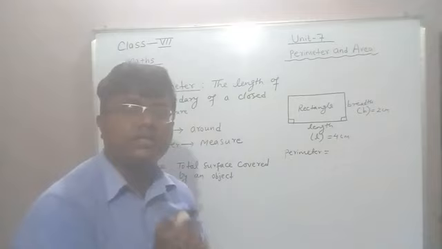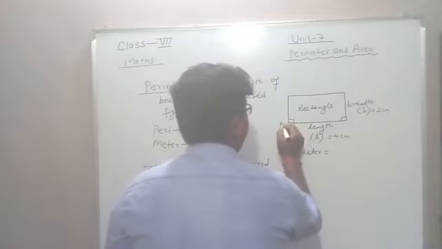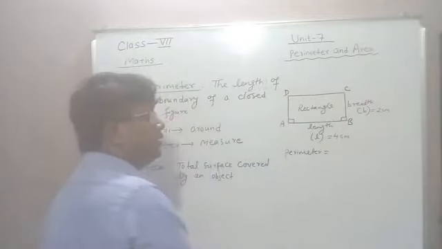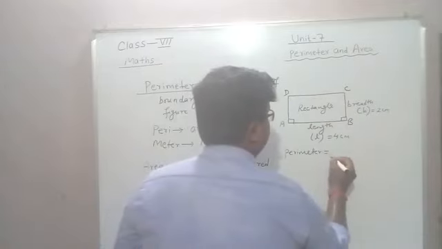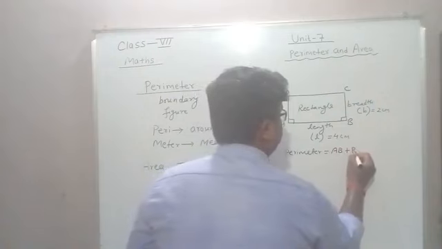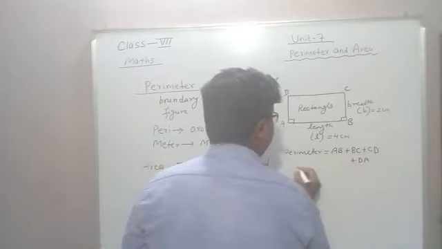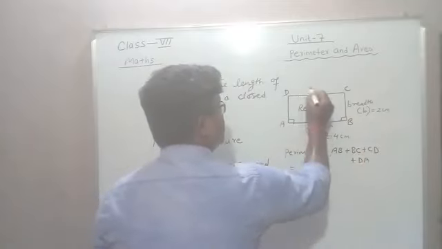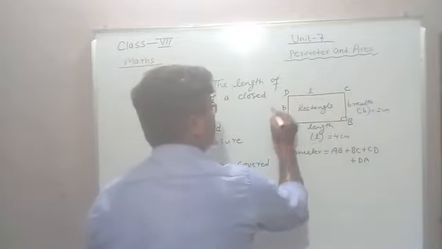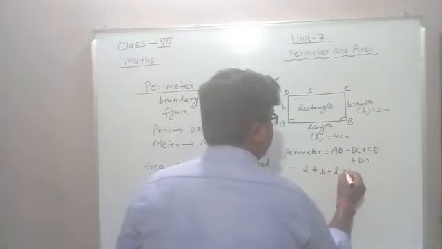Suppose this is A, B, C and D. Perimeter means AB plus BC plus CD plus DA. If this is length, this is also length; these two sides are equal, and if this is breadth, this is also breadth. So AB is length, BC is breadth, CD is length, and DA is breadth.